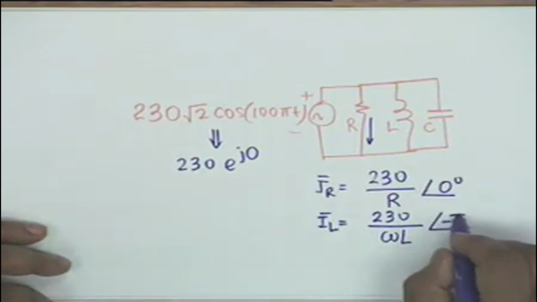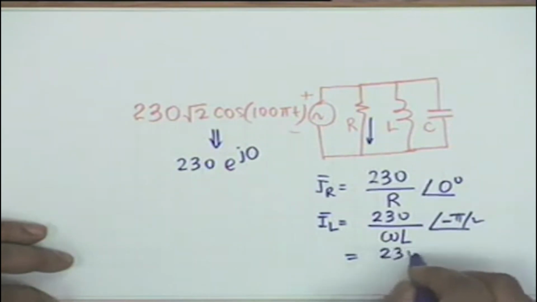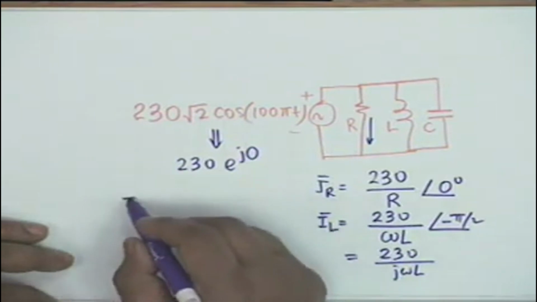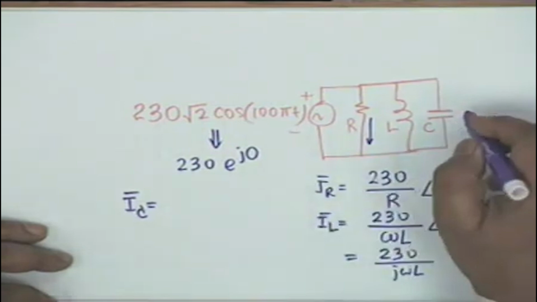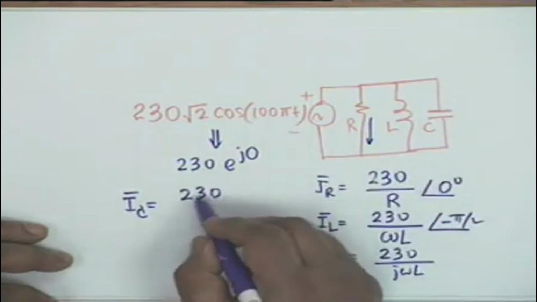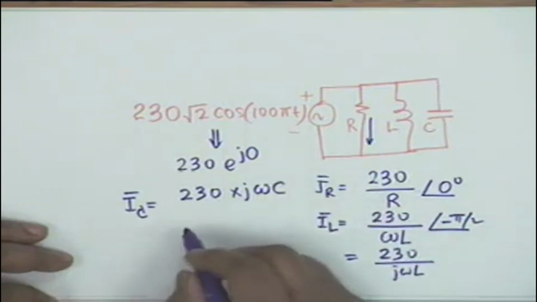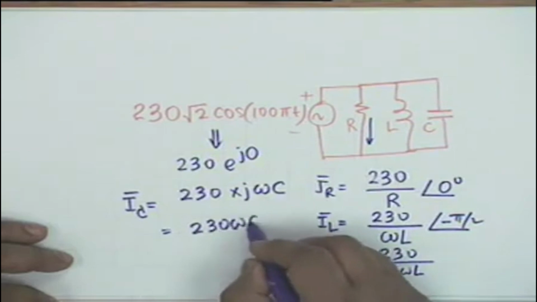So I can also write this as 230 by j omega L. That angle is taken care of automatically. In a similar manner, the current I sub C phasor shall be equal to 230 times j omega C. That means 230 omega C angle plus pi by 2.